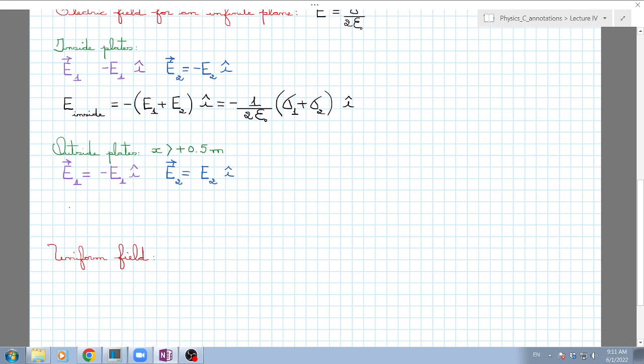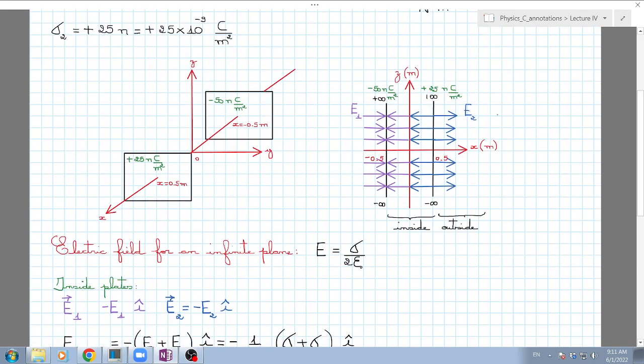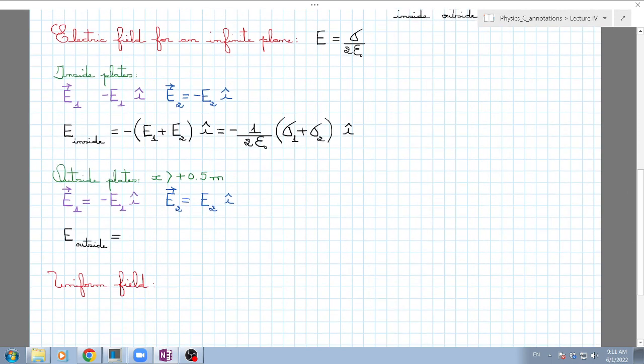Okay, let's go and then write the electric field for the outside of those plates. So the superposition of these two is going to be here, right, guys? This side. So here is going to be one minus the other.